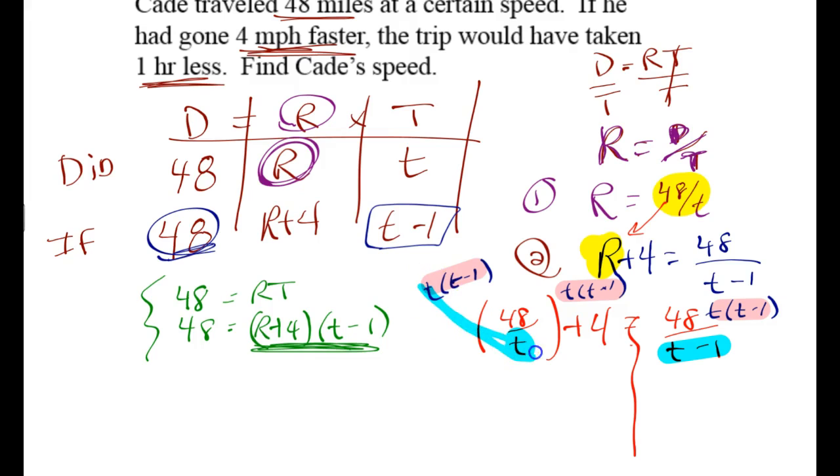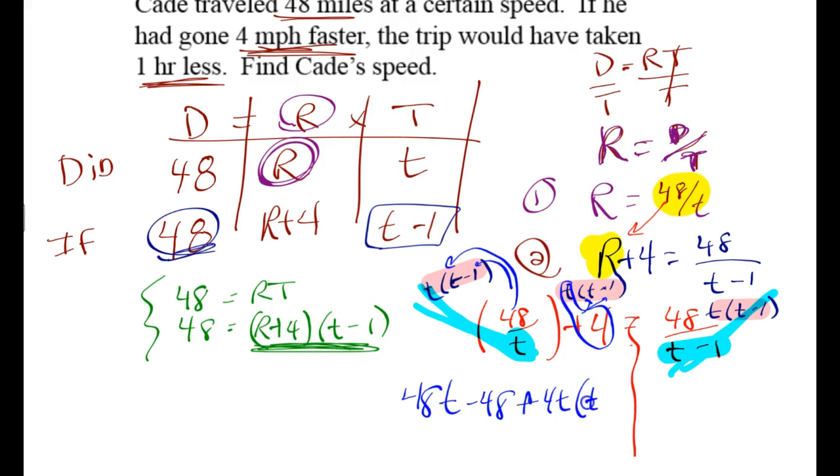So these t's are going to cancel here. Unfortunately, nothing cancels there. And these t minus 1s are going to cancel. So what I have left is, I'm going to distribute this 48. 48t minus 48. This is a 4t that I have to distribute. So plus 4t times t minus 1.